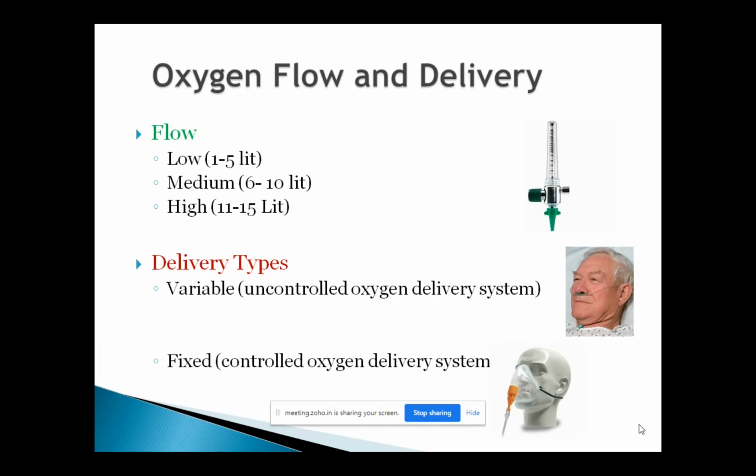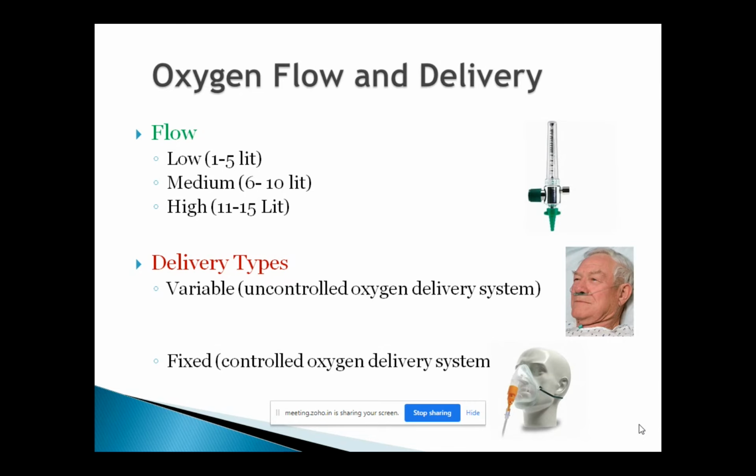Please try to understand this. With any variable delivery system device, you can tell only how much oxygen you're giving, but you can't tell what percentage of oxygen the patient is getting.